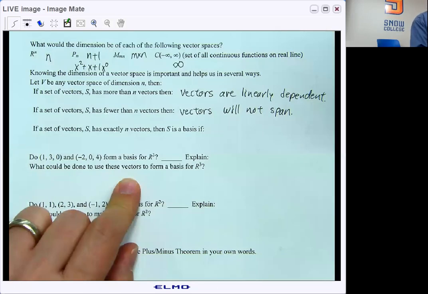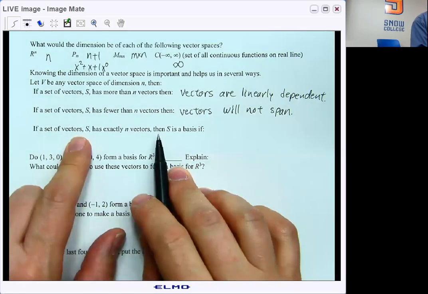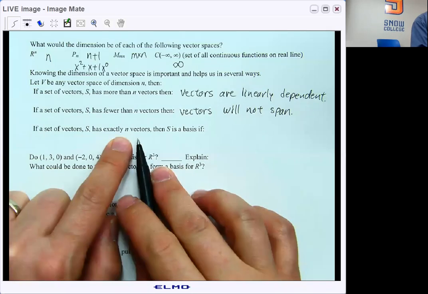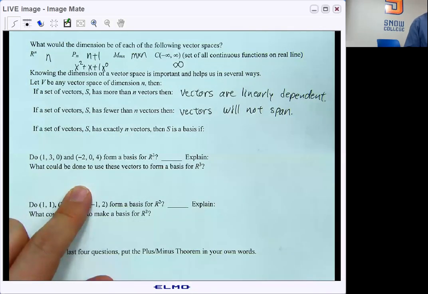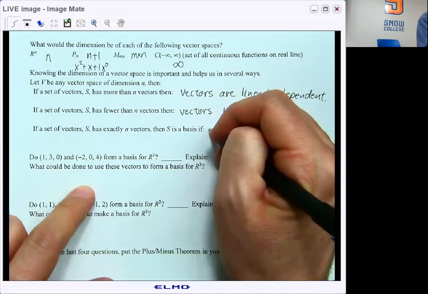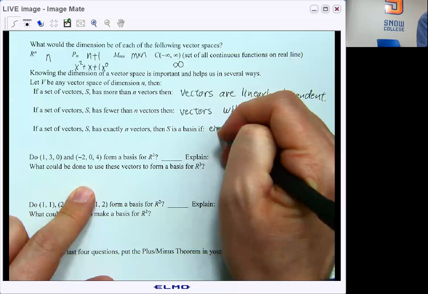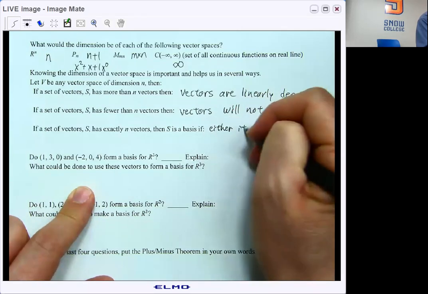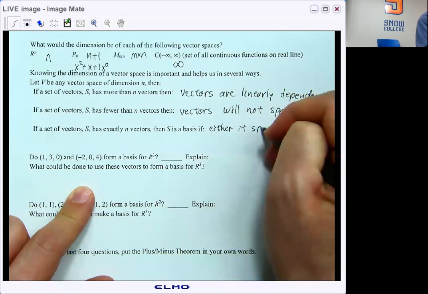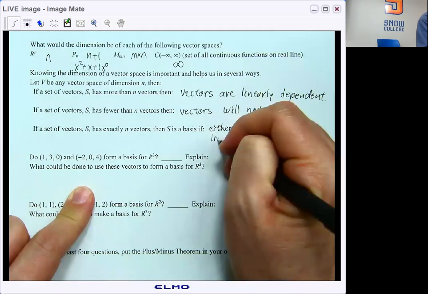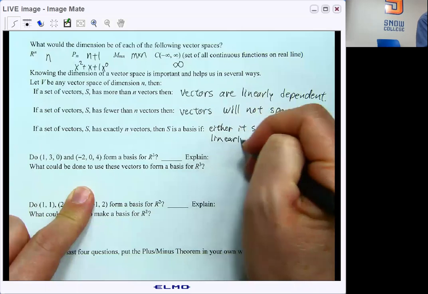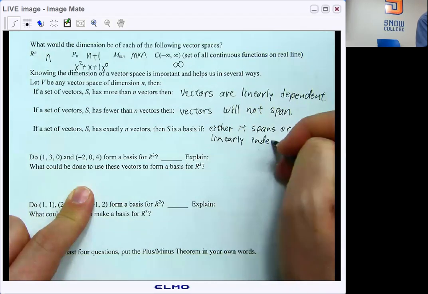And finally, if a set of vectors S has exactly n vectors, it will be a basis if it either spans or is linearly independent. So this is a great sale.